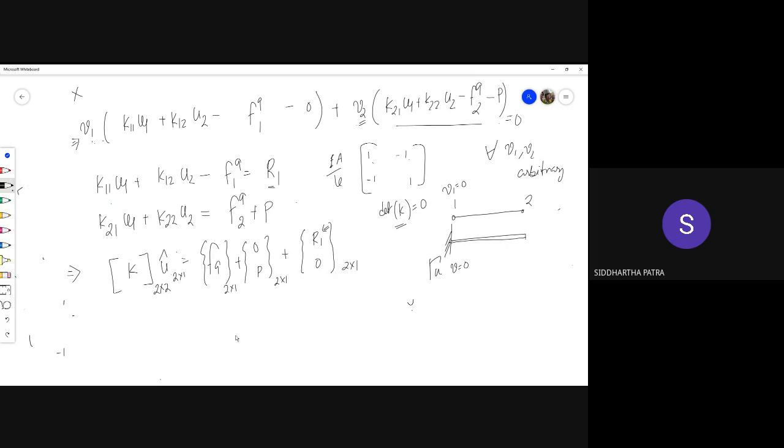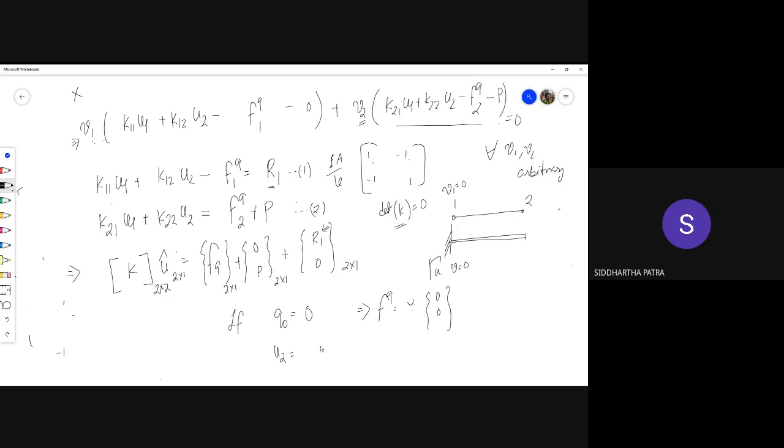For instance, if I take the uniformly distributed load equals 0, that implies F Q equals a vector of zeros, and then you have U2 from this equation number 2 over here.